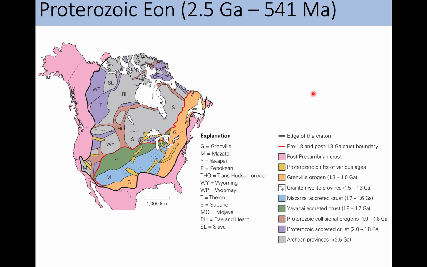So here's another figure that shows you in a little bit more detail when the land of the continent of North America was actually added. Everything in pink is the most recent. The oldest things are actually inside this craton.